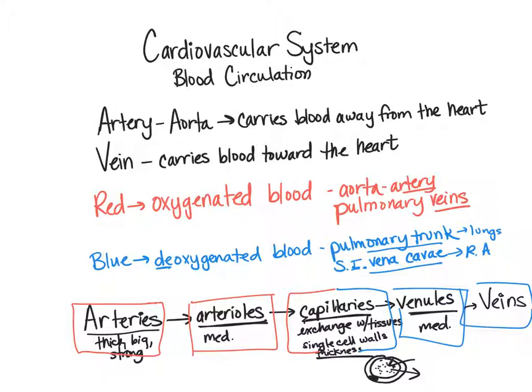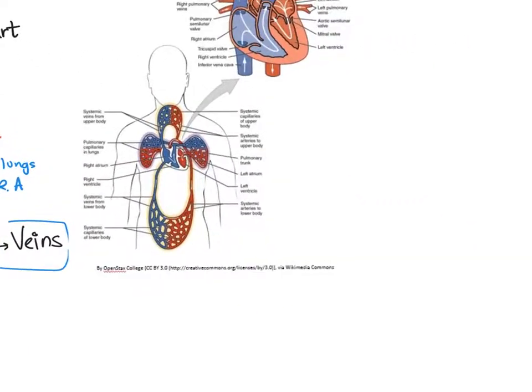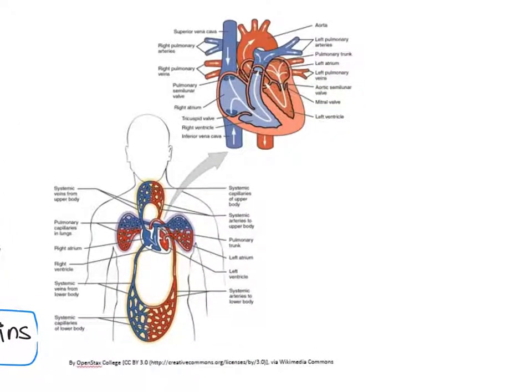But I wanted to talk about this now just a little bit because now what we're going to be doing is looking at our different blood circulation systems here, our circuits. So here you can see in this image in the upper right-hand corner, we have our heart, again, red meaning carries oxygenated blood, blue, deoxygenated blood. So we're going to take a look at how blood is flowing through the heart and through the body.